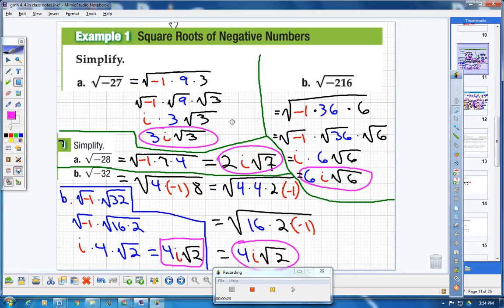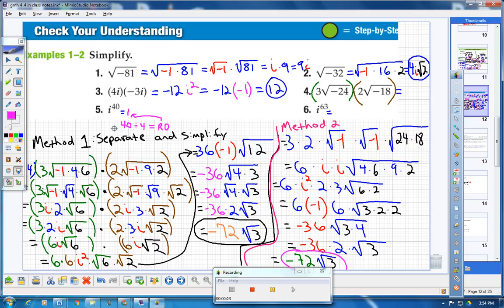So notice here how we simplify the square roots. A nice color coding. The more difficult problems that you're going to encounter are 1 through 6 all on page 250. Now, looking at these problems, I want to start with number 3.